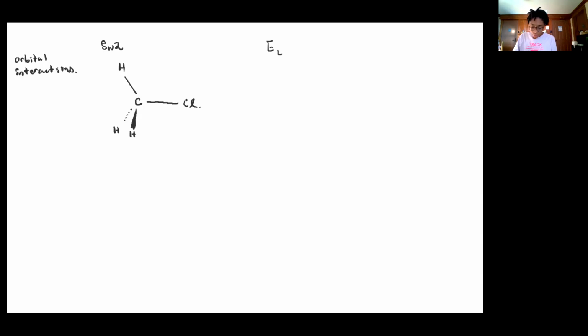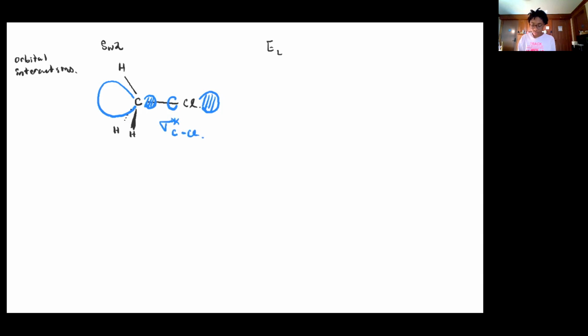And so the anti-bonding orbital looks something like this. So this is sigma star CCl, okay?